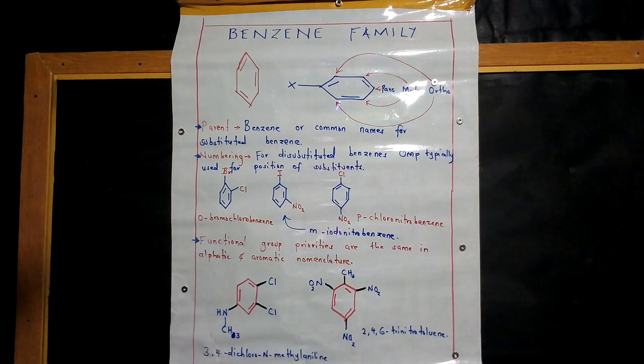So if we name it clockwise, then we shall have point number 1, point number 2, this is 1, 2, 3, 4, 5, 6. If there's a substitution at point number 2 and 6, that substitution is referred to as ortho.